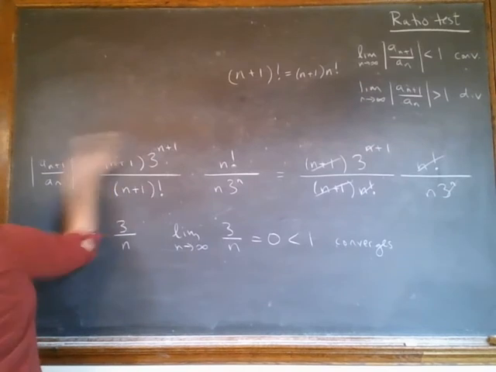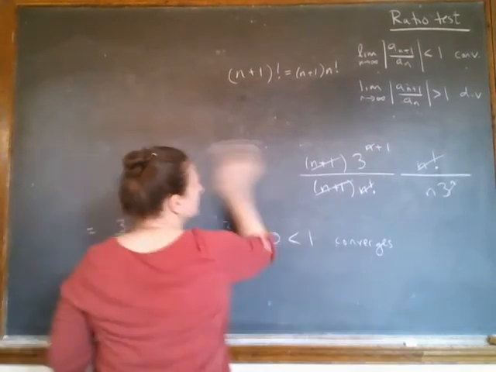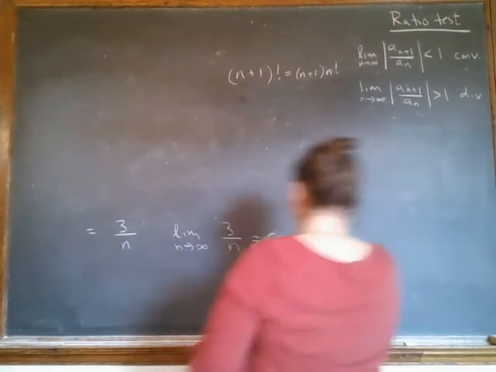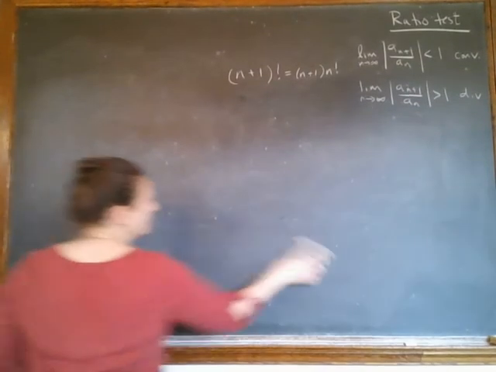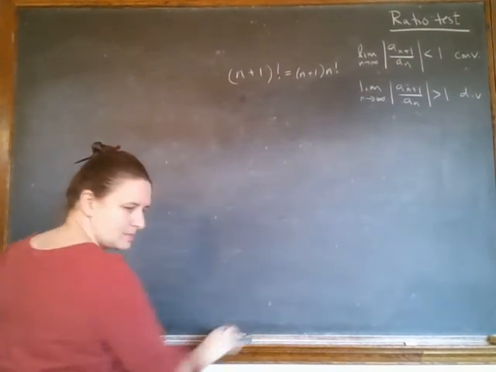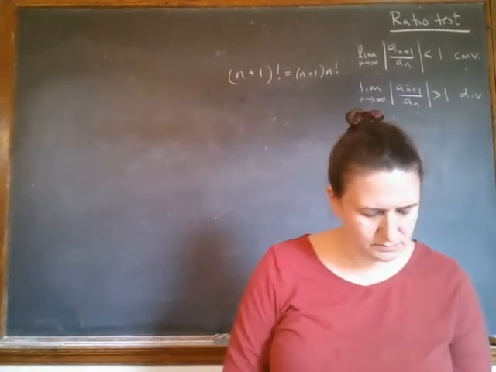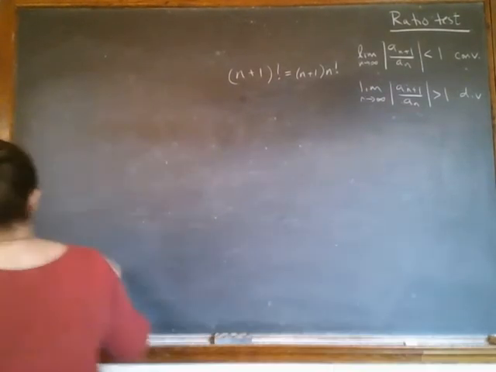Okay, so I promised you one kind of crazy looking one. There's some crazy factorials. So let's do some crazy factorials. It's not really a factorial. This is one I wrote down from the book.